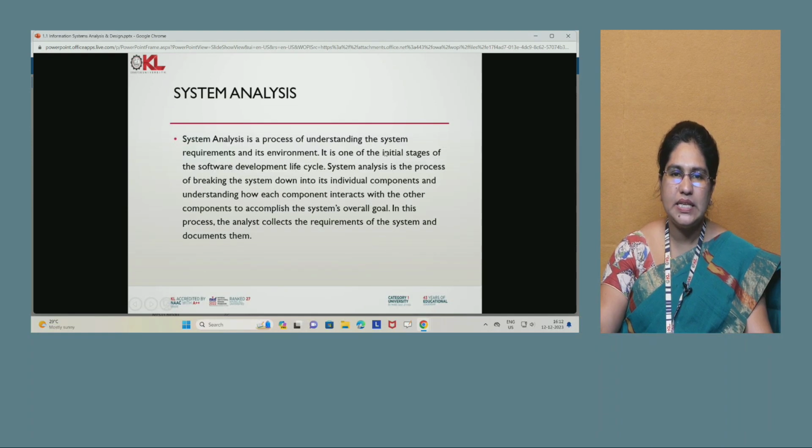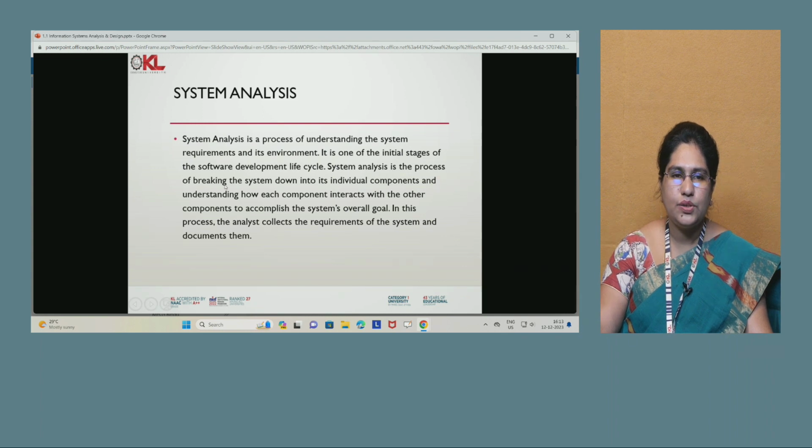So in this initial phase, this first step, we break the system into individual components, and after that we understand how each component interacts with the other components. This is required to accomplish the system's overall goal.